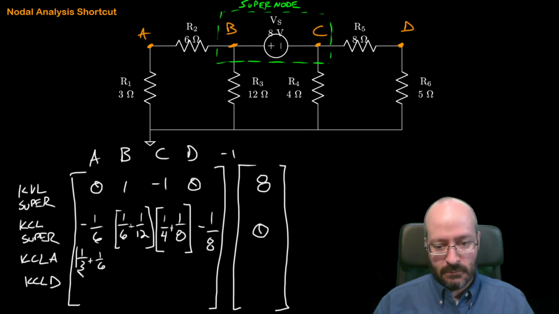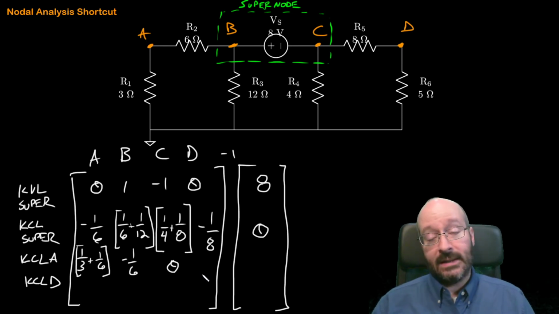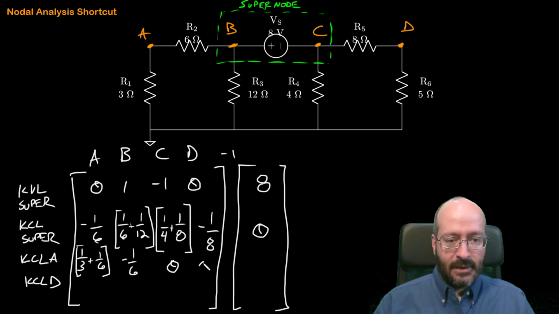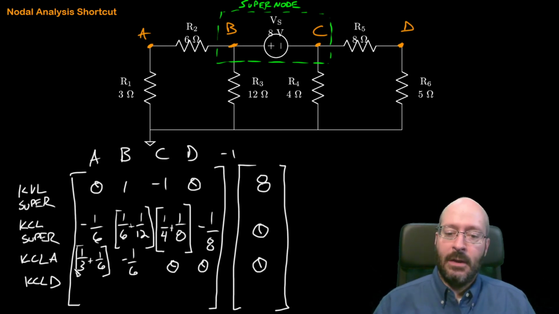Sorry. Okay, that's one entry. What's connected to A that's also connected to B? 1/6. What's connected to A that's also connected to C? Nothing. What's connected to A that's also connected to D? Nothing. Are there any current supplies? Nope.